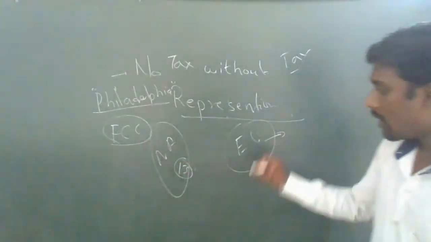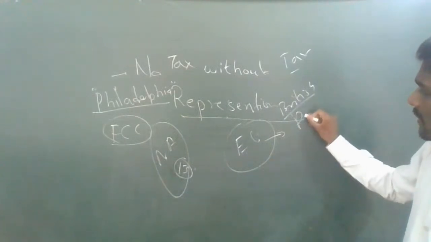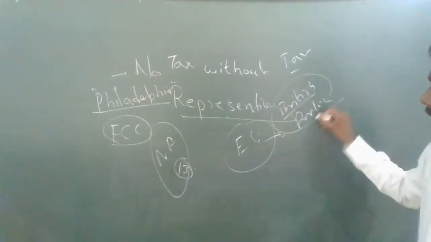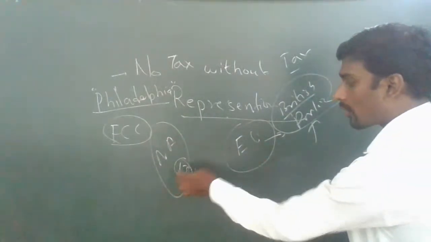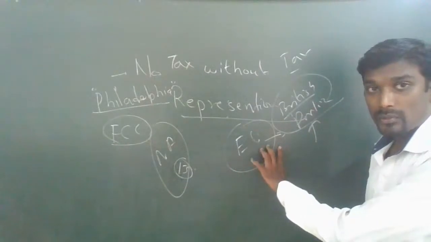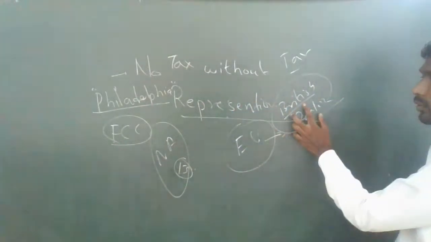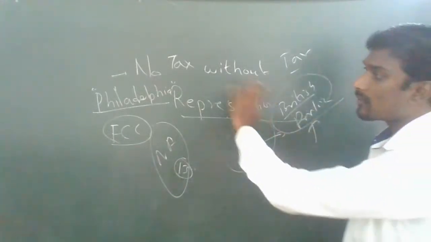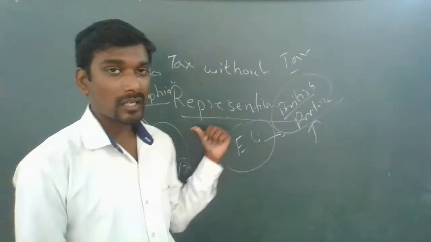We want representation in the British Parliament so that the money sent by the 13 colonies will be utilized with transparency. As long as there is no representation in the British Parliament, we are not going to pay the taxes.